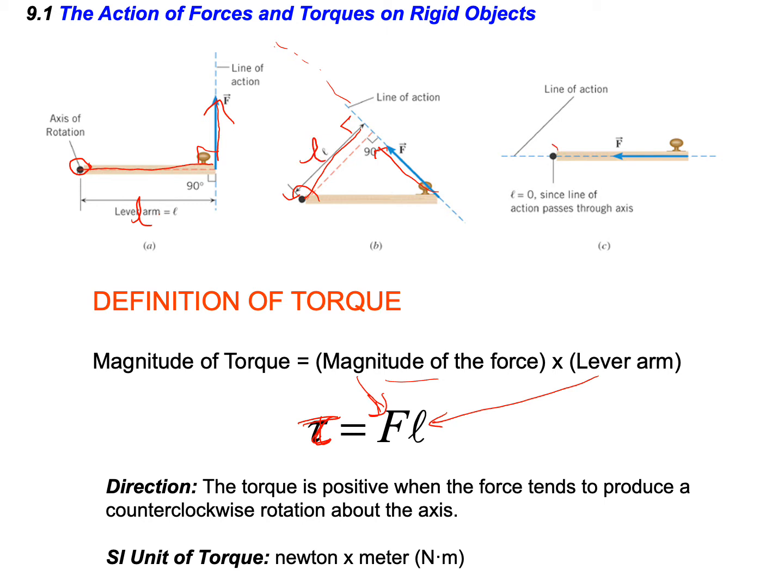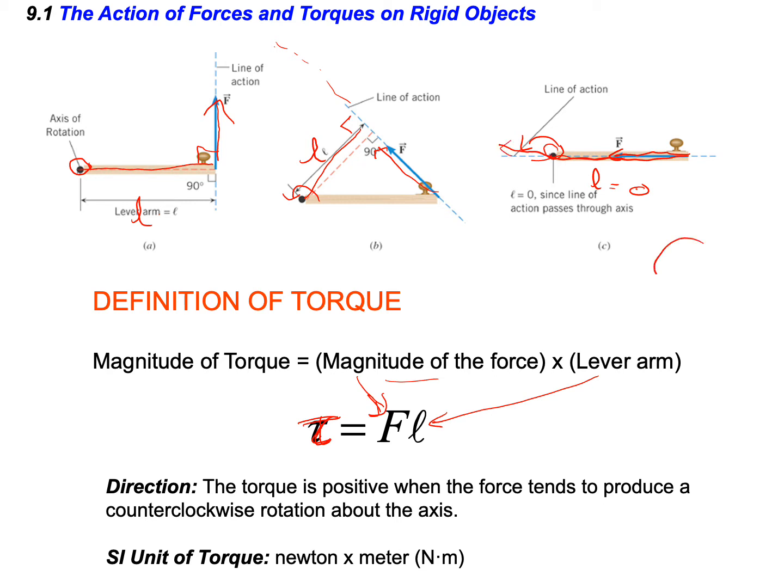If you have a rotational axis here and a force along this axis, your lever arm is 0, which means if you apply a force through the rotational axis, you cannot rotate.